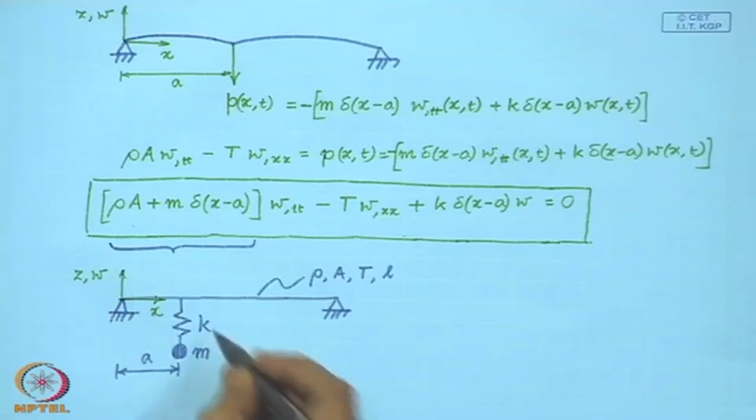The absorber has a mass m and stiffness k attached at x equal to a.